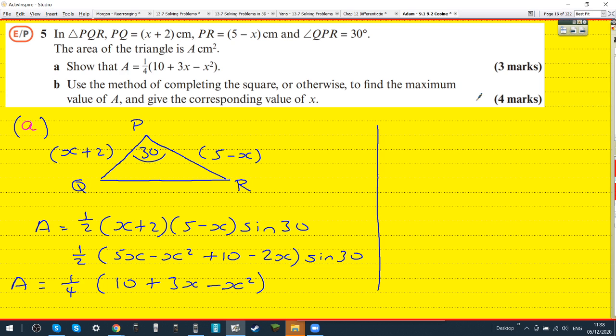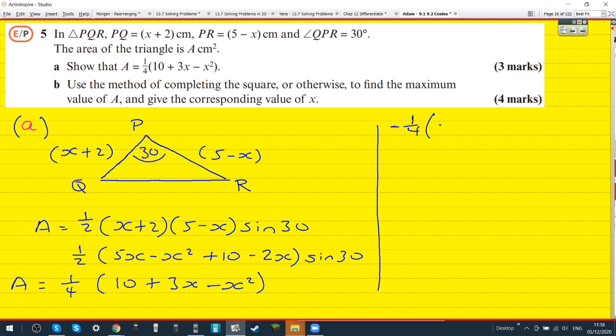So do we need to multiply a quarter by everything in the bracket first? Nope. Do you remember how to complete the square? A bit, not a lot. I'm gonna make my life easy. I'm gonna factorize out minus 1.